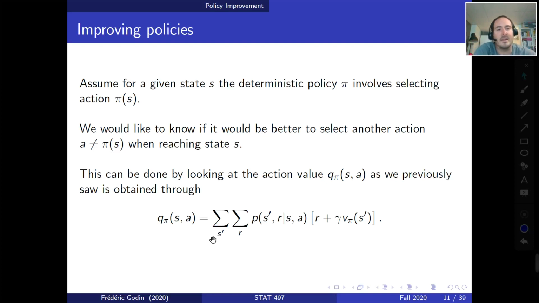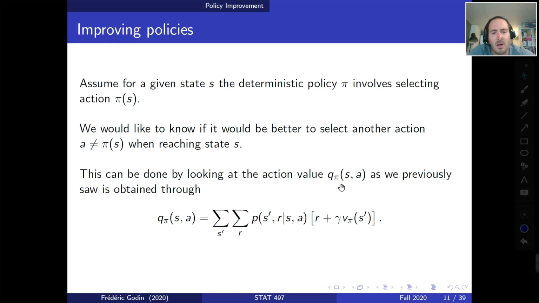So if we have that action value function, it would be relevant to determine if the action with the highest possible value is the one that your policy uses. If there's an action which has a higher value than what your policy pi action would give you, then you should rather switch to that new action when in state S. This is the idea we're going to pursue.